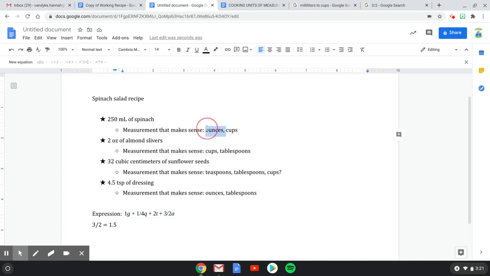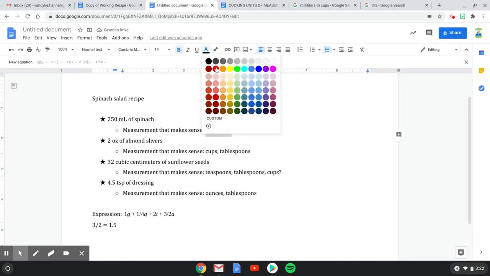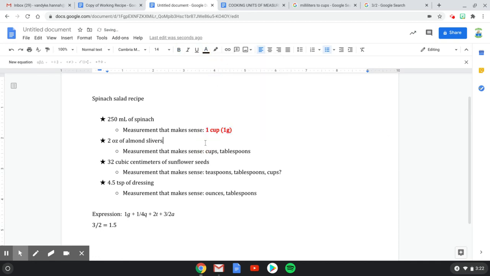So I am going to keep my cups. So 250 milliliters of spinach converts to about 1 cup of spinach. And I also need to put my variable here, so I can remember which part of the expression represents that ingredient. I'm going to put it in a different color so I know I'm done with that one.